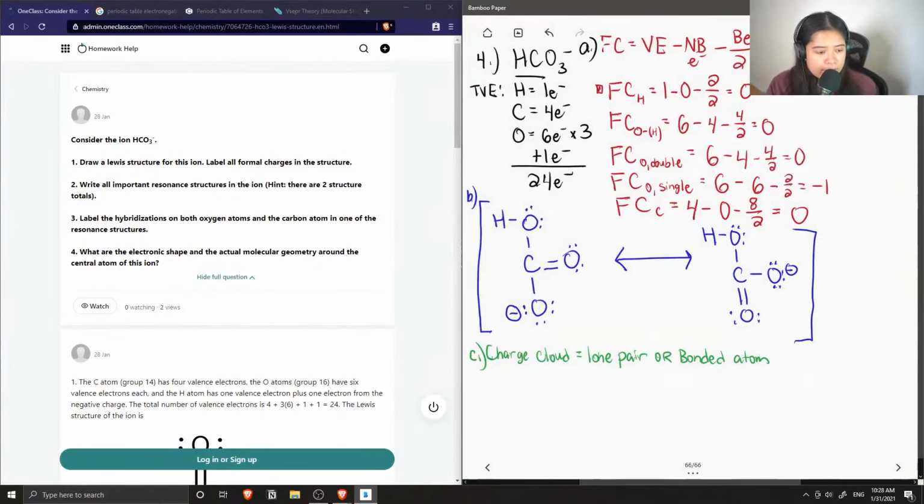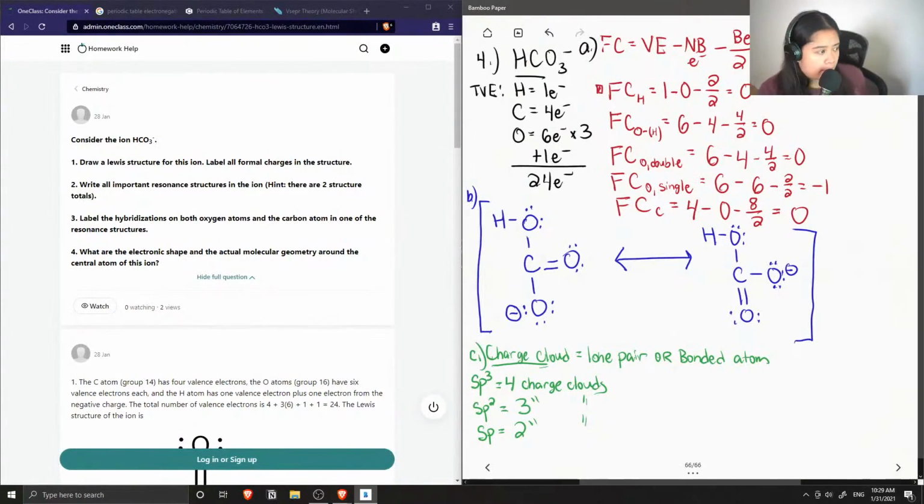Okay, so we know that a charge cloud can be either a lone pair or a bonded atom. So when we have sp3, this means that there are 4 charge clouds. sp2, we have 3 charge clouds. And sp, we have 2 charge clouds.